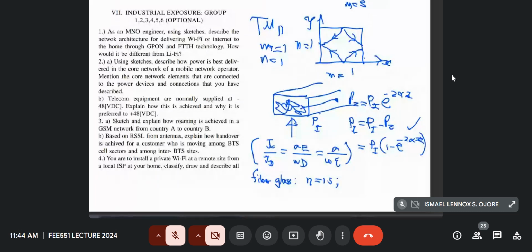And you are told that you are injecting a wave at a certain frequency, f0. So the question is, the wavelength of that signal in the glass, is it going to be shorter or longer?